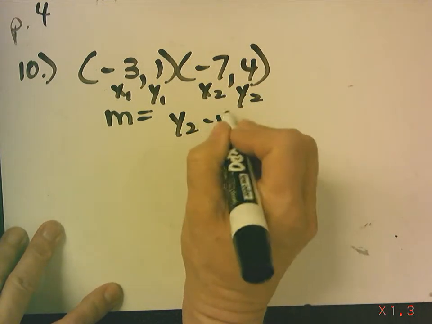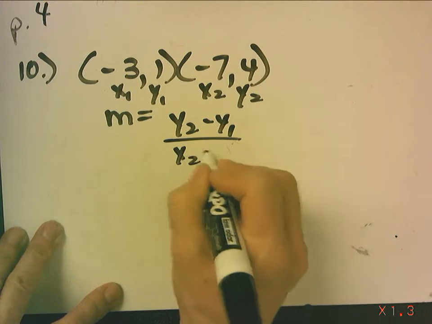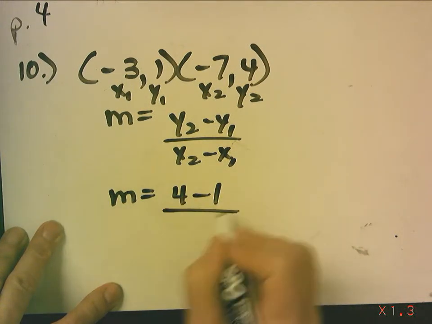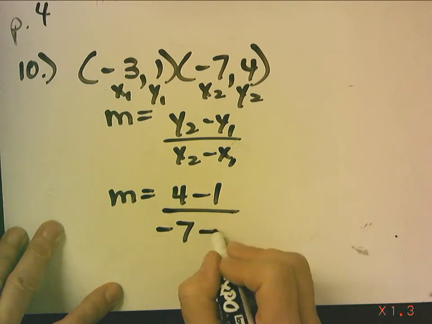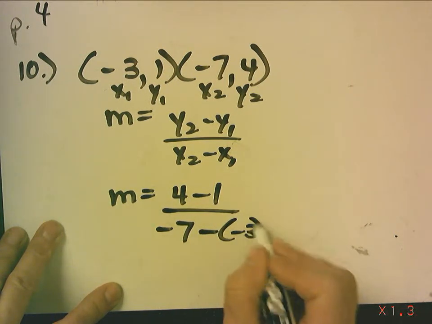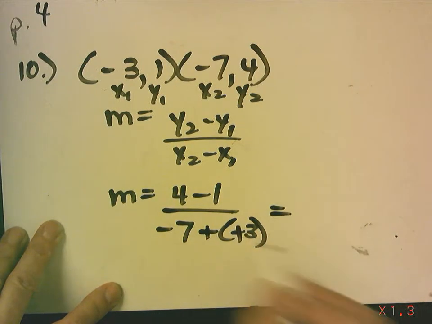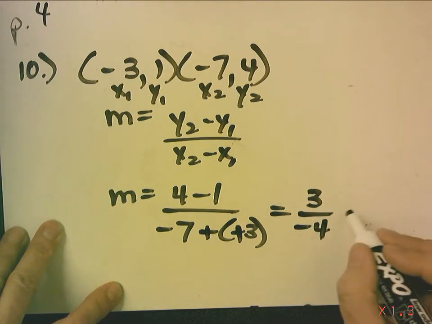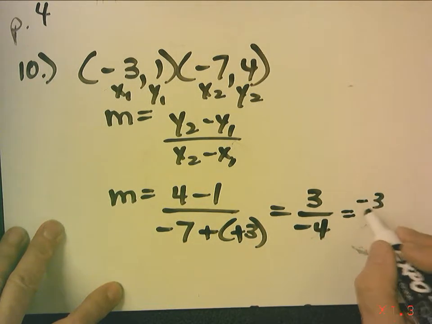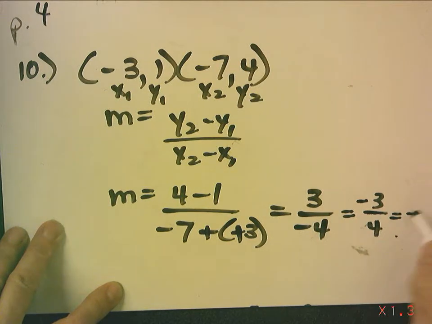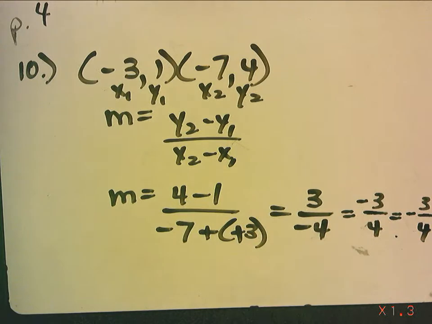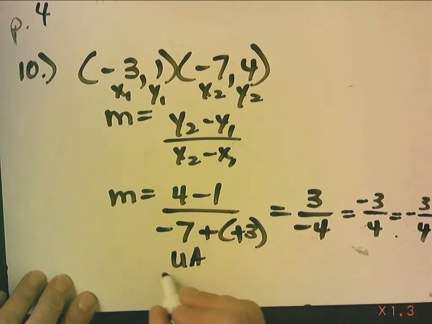The change in y over the change in x, and I do 4 minus 1 over negative 7 minus negative 3, and minus a negative becomes a plus, so I have 3 over negative 4, which is equivalent to negative 3 over 4, which is equivalent to negative 3/4. And that's at the bottom. UA, negative 3/4, and we cross that out.